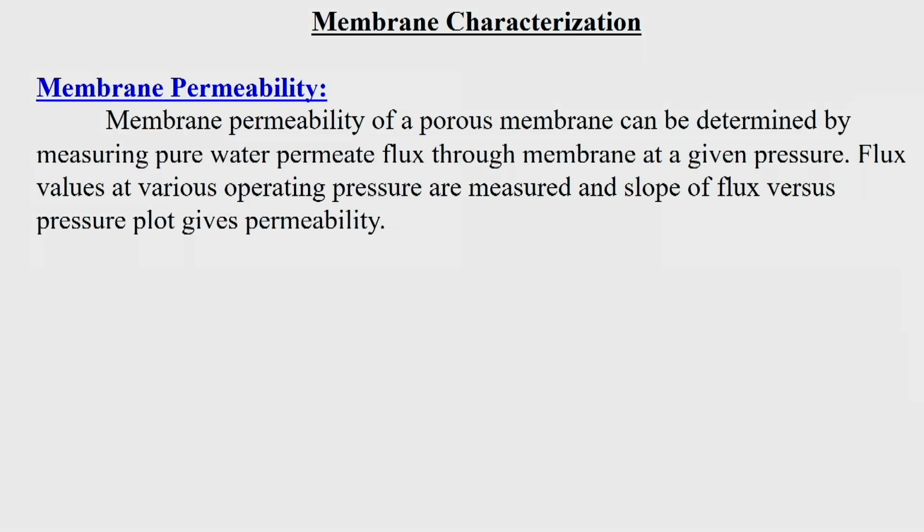Now, we will be describing the membrane characterization. Whenever we claim a material as a membrane, we have some guidelines, which we can express in terms of some characterization parameters.